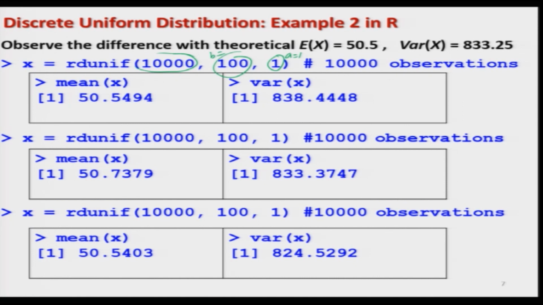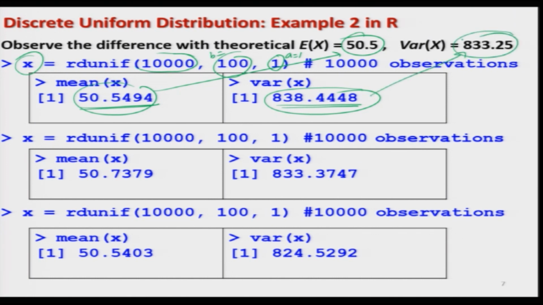When I generate 10,000 observations stored in the variable x and find their mean, it comes out to be 50.5494 and the variance comes out to be 838.4448. This value 50.54 is very close to 50.5, and the variance 838.4448 is very close to 833.25.